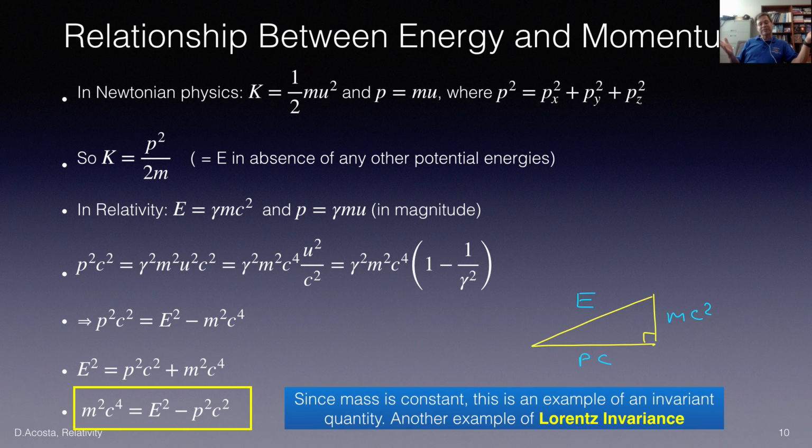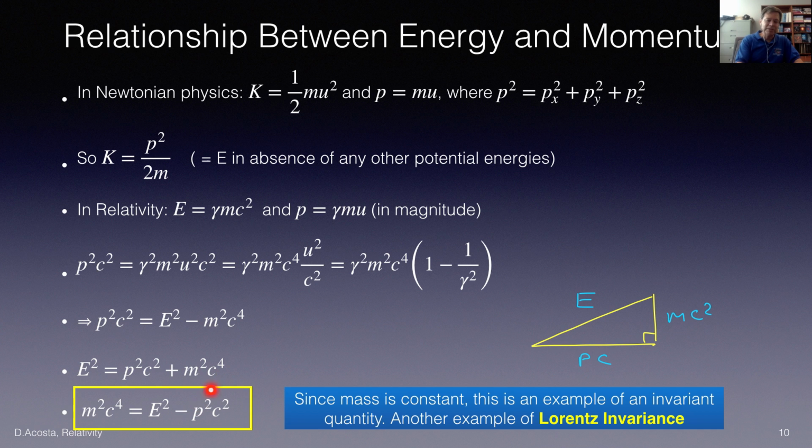So since mass is a constant and the speed of light is a constant, this is another example of an invariant quantity, another example of Lorentz invariance. Right? You learned one in space-time coordinates. Delta s squared was c delta t quantity squared minus x squared minus y squared minus z squared, or the deltas of that. Well, here's an equivalent one in terms of energy and momentum.